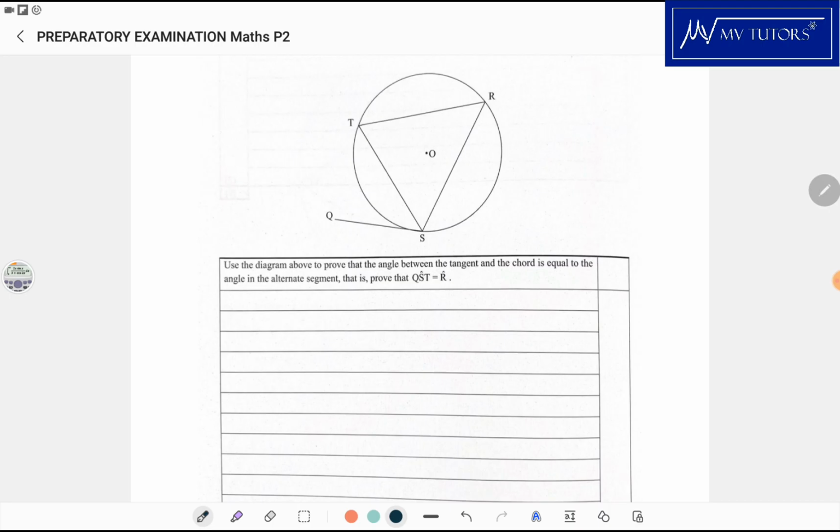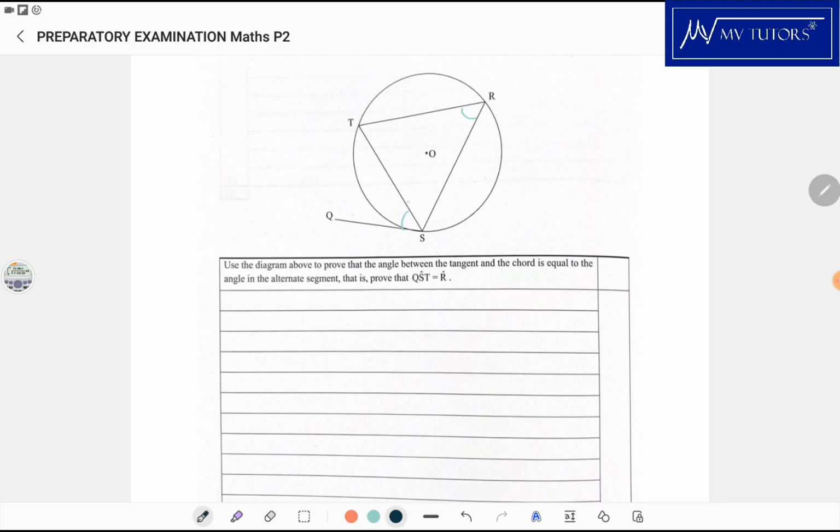So they want me to prove that this angle over here, that's QST, is equal to the angle R. There are many ways I can do this, but the one that is taught in matric is this one.